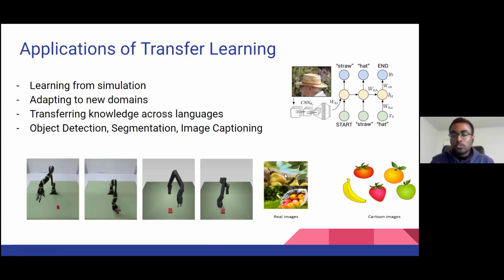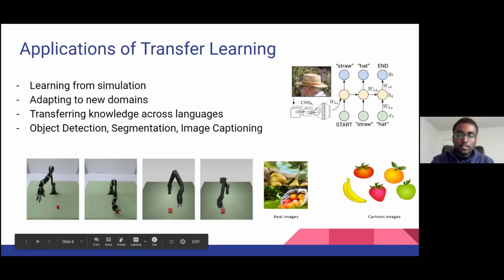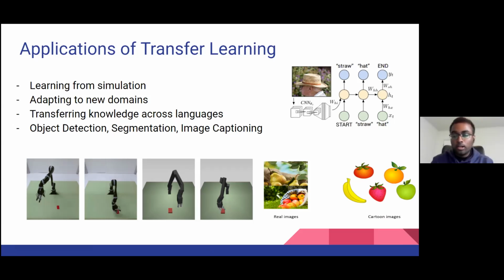If the task is to classify apples and pears, and the number of real world labeled apple and pear images is small, but there are a lot of labeled cartoon images, then it's better to use transfer learning, that is, train the model on cartoon images, and then later fine tune the model with the real world images, and then it can perform well.